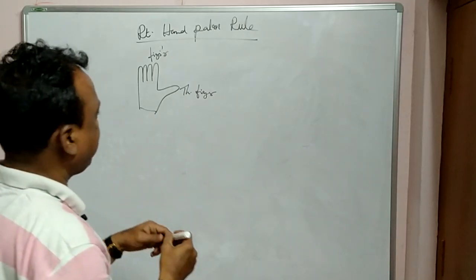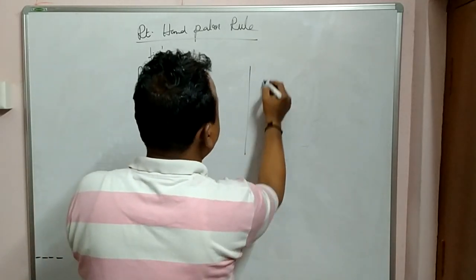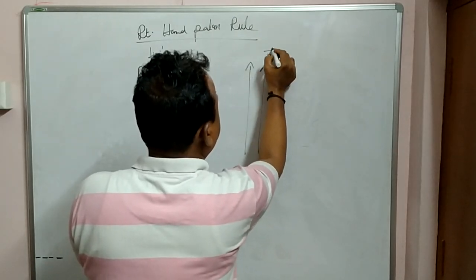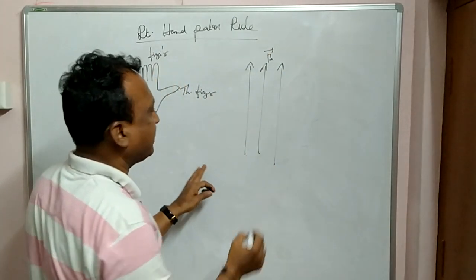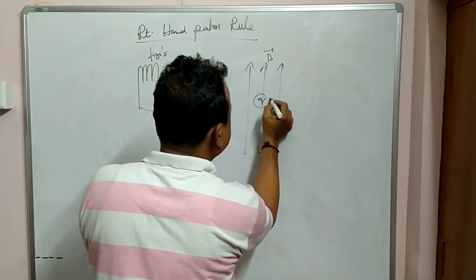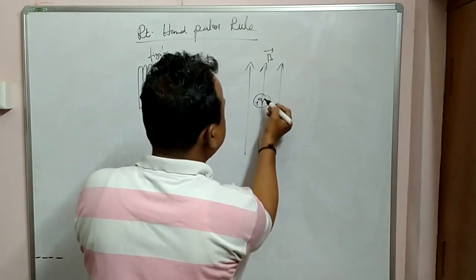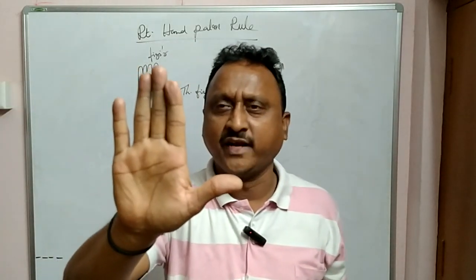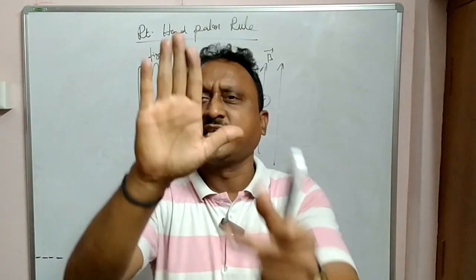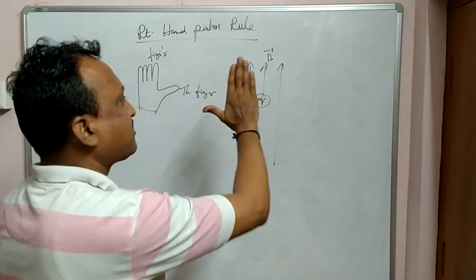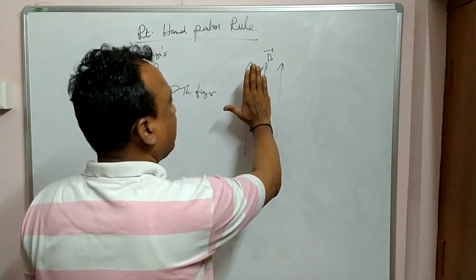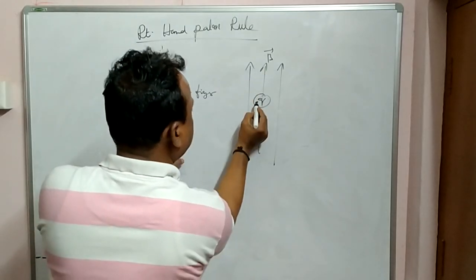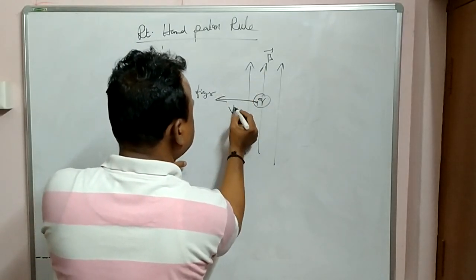Suppose this is the direction of the magnetic field, and suppose some positive charge is here. The right hand palm rule says: put these four fingers in the direction of the magnetic field, and the thumb along the direction of motion of the positive charge.